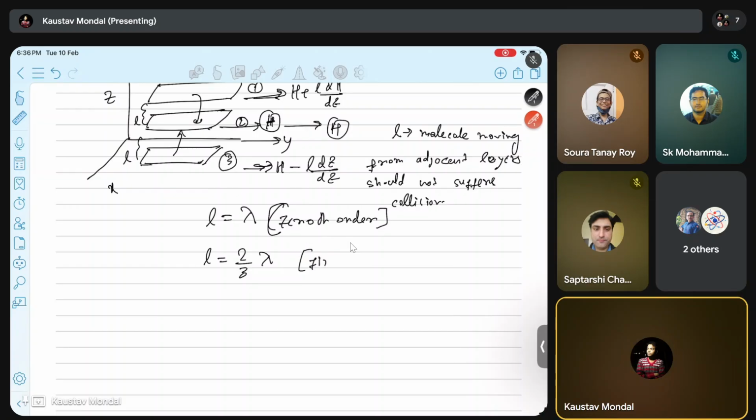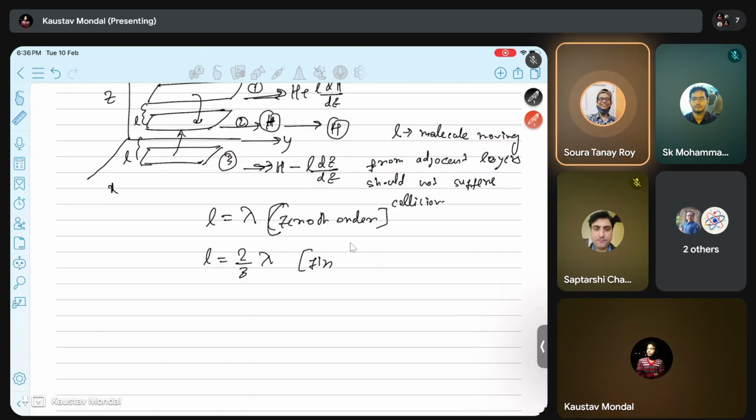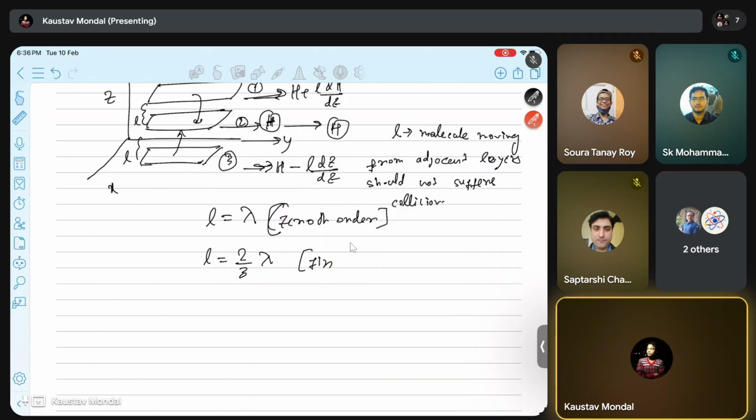One second, let me check. I actually had a doubt here: is a second order correction possible in this scenario? I guess it can be done maybe.